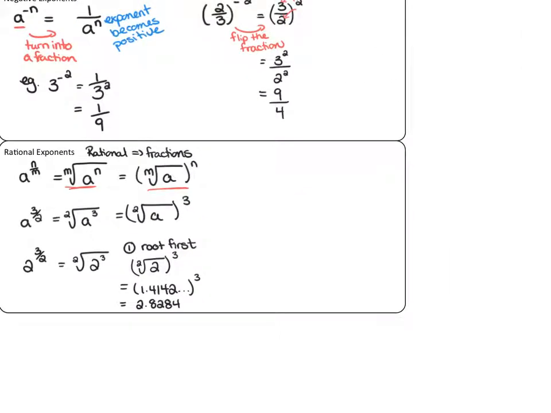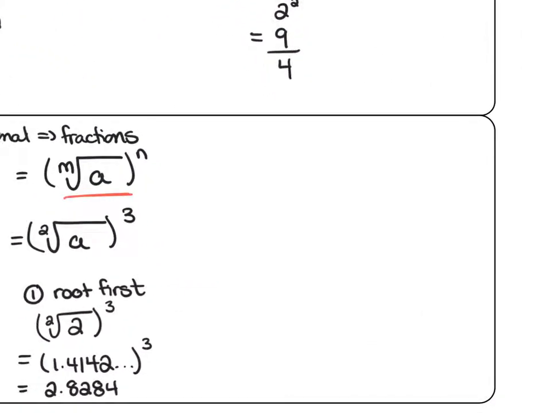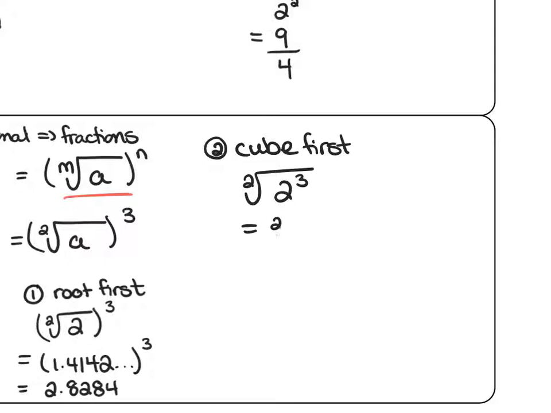The other way you can do it is we can do the cube first. So you can do that top number first. So you can actually do it like this. In this case, we're going to find out what is 2 cubed worth.